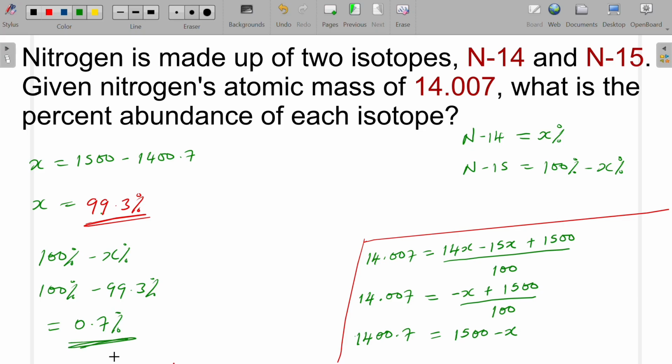So this implies that nitrogen 15 has a percentage abundance of 0.7%, and nitrogen 14 has a percentage abundance of 99.3%. So those are our answers.